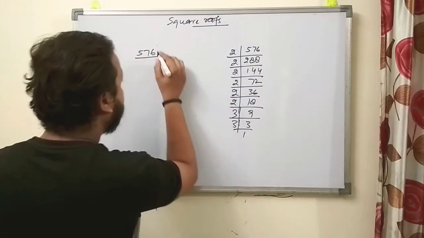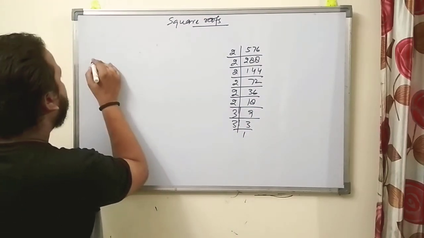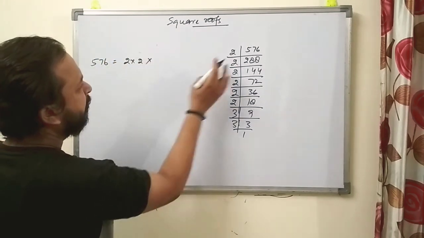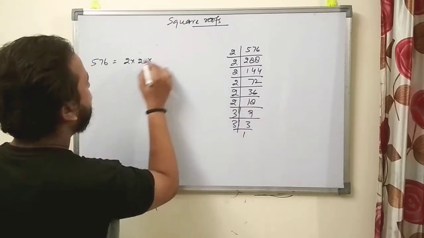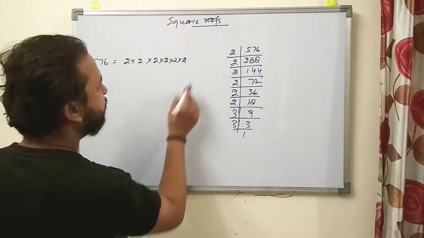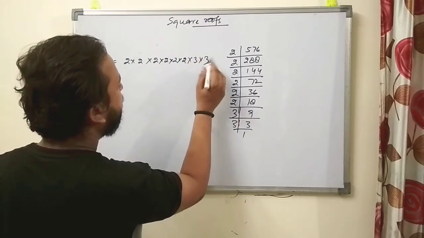So for 576 you get 2 six times and 3 two times.